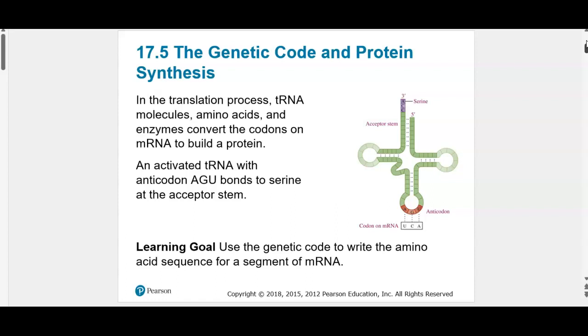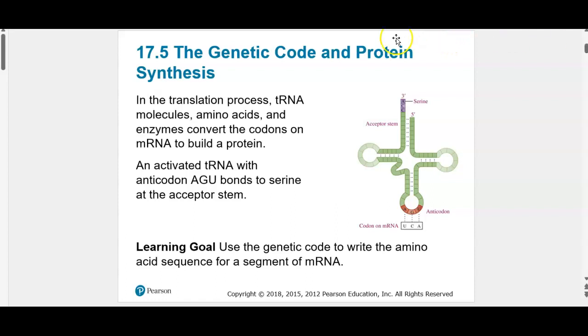And the translation process we just started here, what they have here is a transfer RNA for serine, a serine transfer RNA, which transfers a molecule of the amino acid serine to the growing protein chain.